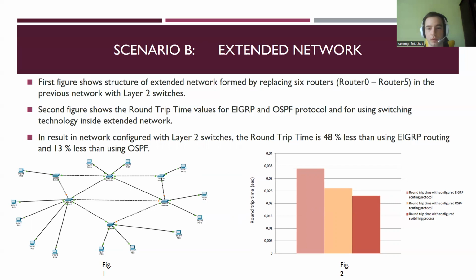Round-trip time with configured switching process is about 22 milliseconds. As a result, in the network configured with layer 2 switches, the round-trip time is 48% less than using EIGRP routing and 13% less than using OSPF.